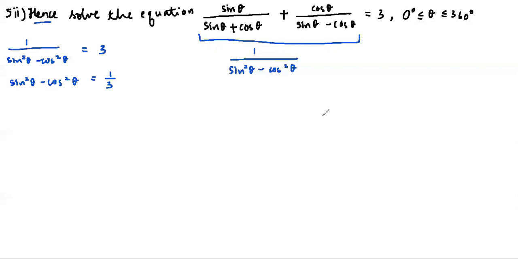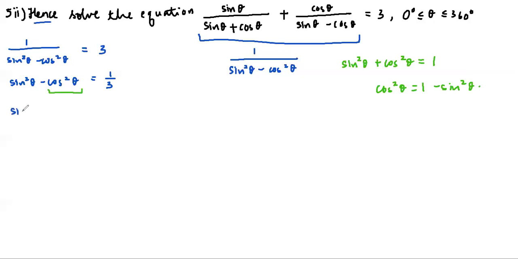From the fundamental identities of trigonometry, you know that sine square plus cosine square is 1, so that cosine square is 1 minus sine square. So this cosine square can be replaced by 1 minus sine square.